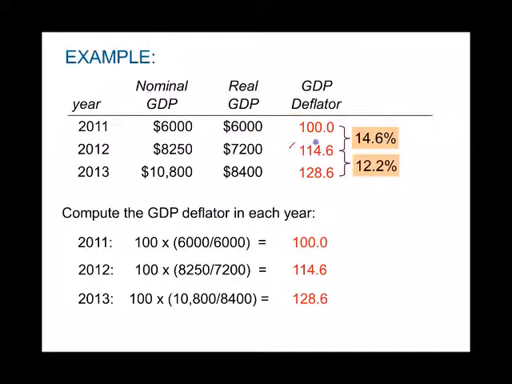So for this year, this would be 128.6 minus 114.6, divided by 114.6, times 100. And that should give you 12.2%.